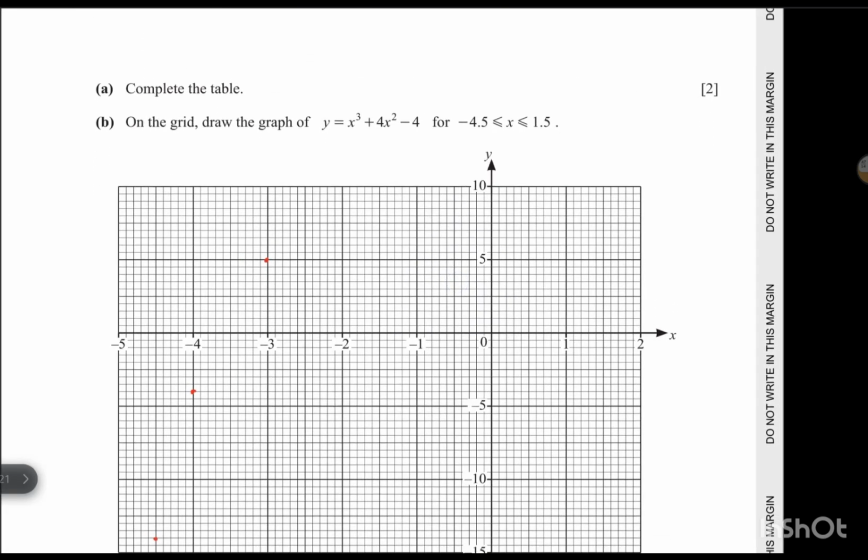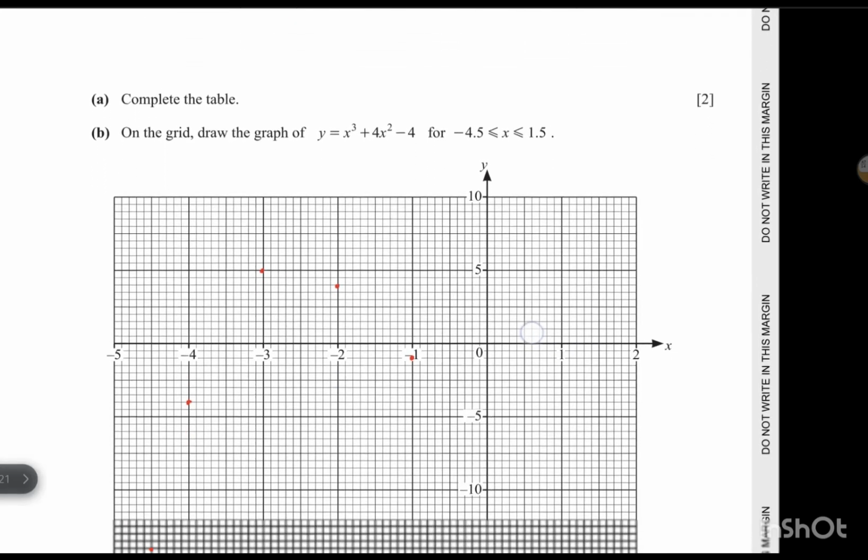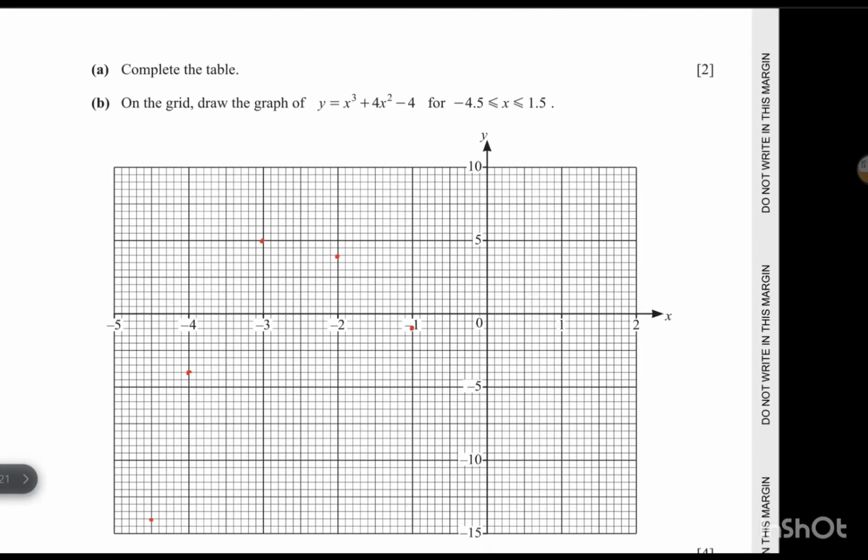Minus 2, 4 will be here. Then minus 1, minus 1. Minus 1 and minus 1 will be just below 0 here. So minus 1, minus 1. 0, minus 4. 0 and minus 4 is here.